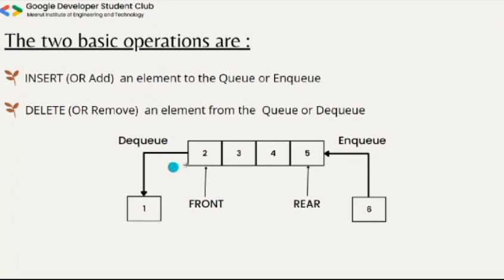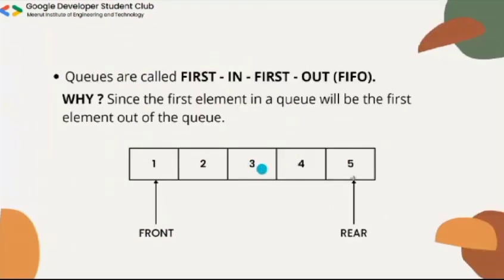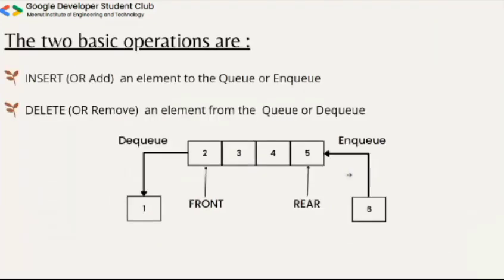So this is the queue from the last example, 1, 2, 3, 4, 5. The moment I delete 1, my front is now pointing to 2, so this operation is called dequeue. Similarly, when I add 6 here, my rear now points to 6, and this operation is called enqueue.